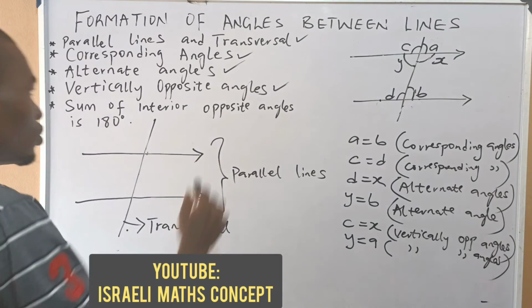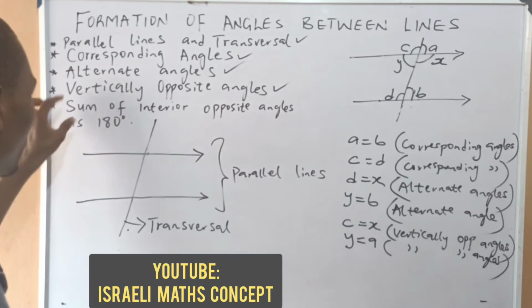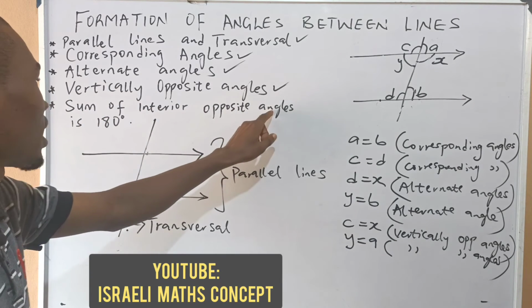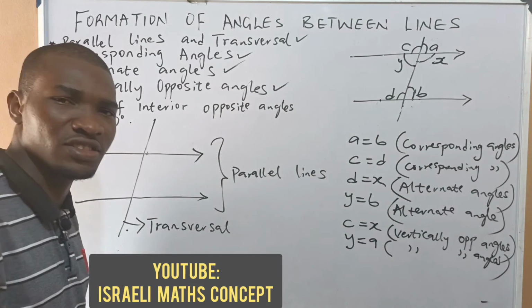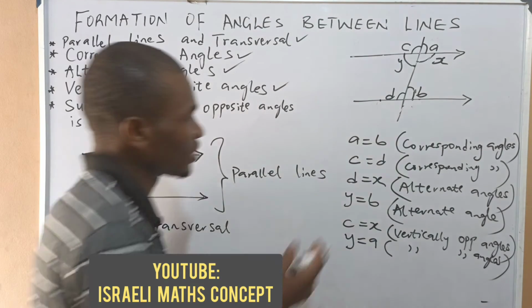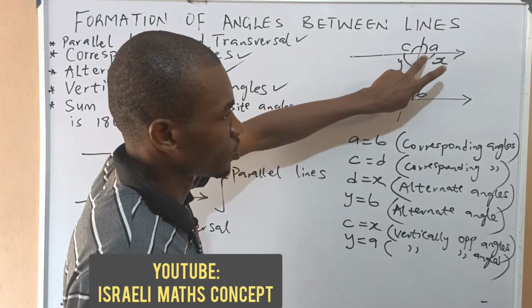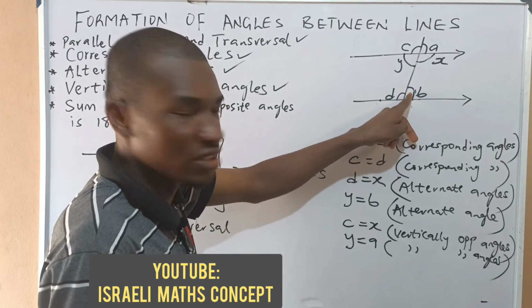Having known what vertically opposite angle is all about, let's move into the last concept, which is that the sum of interior opposite angles is 180 degrees. What is an interior opposite angle? You can see X is an angle that is interior to these two parallel lines, and as well B is interior.